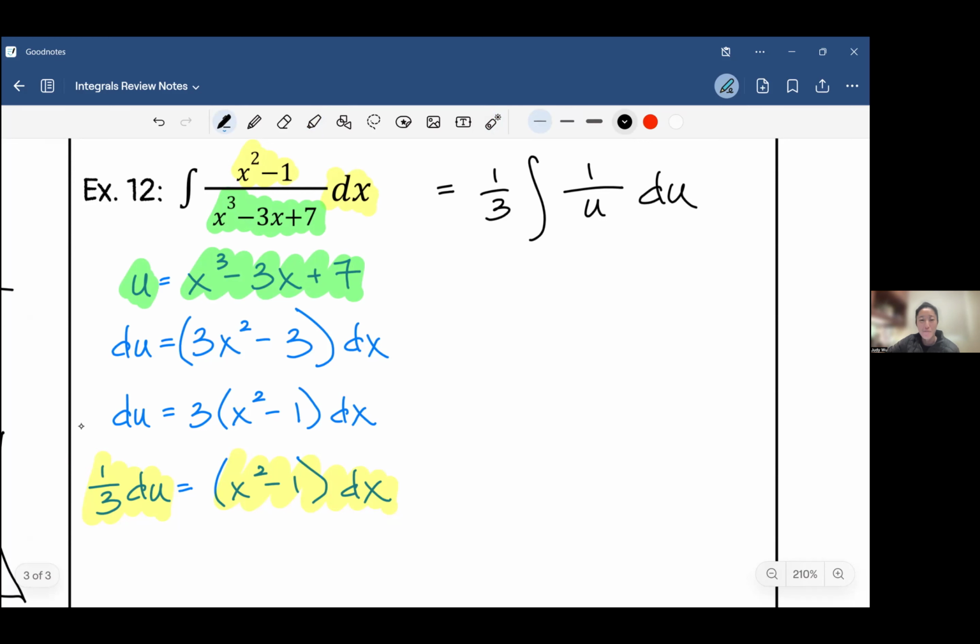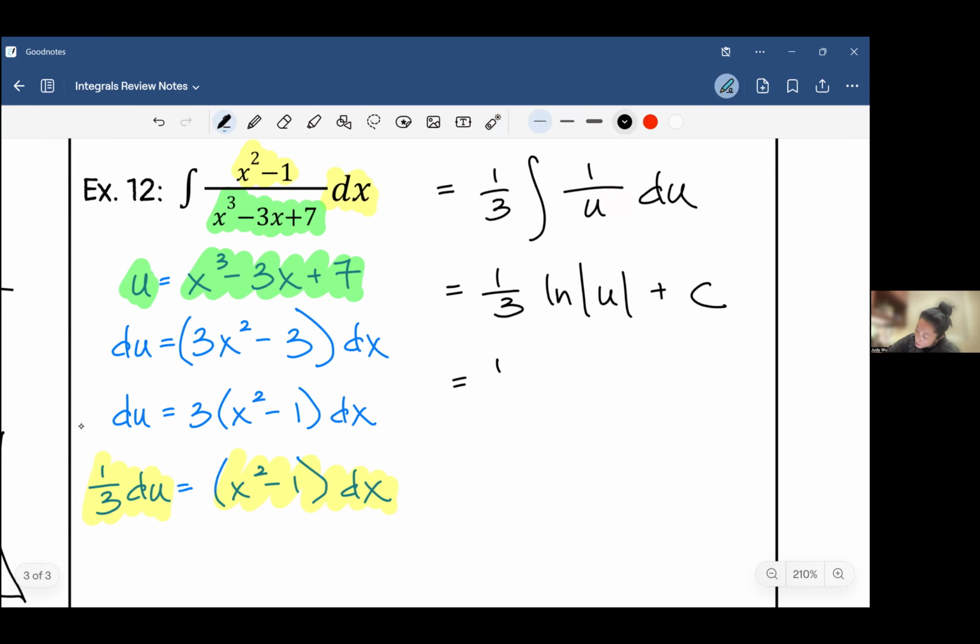Okay. I hope by now I've made my point. This is not a power rule. This is actually going to give us our 1/3 natural log of u plus c. But if this were any other power here, 2, 3, 15, 1/2, 2/3, any other power, we would have to use power rule. All right, let's finish up our substitution.